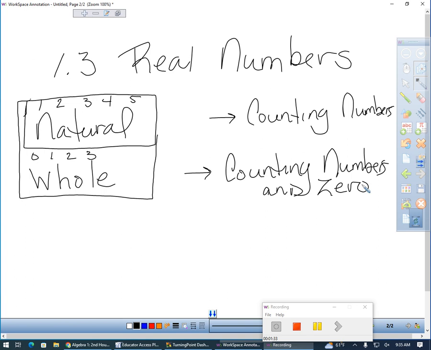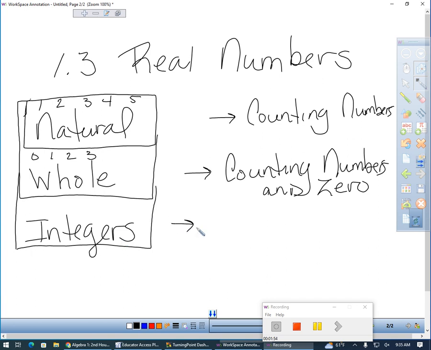All right. The next biggest category includes all of those, so I'm going to extend my box again. These are called integers. Integers are your counting numbers and their opposites, plus 0.